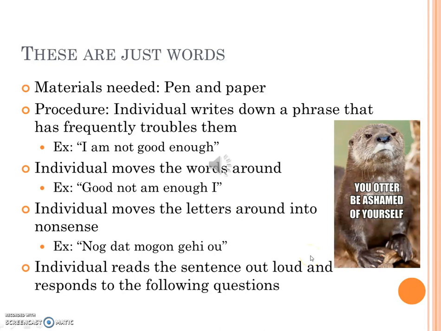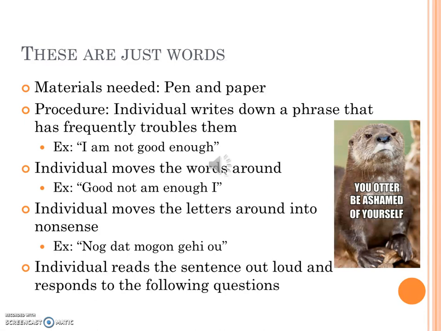So this activity was a little bit more simple. All the participant would need is a pen and paper. The participant would write down a phrase that frequently gives them trouble. I use the example of I'm not good enough. In the next step, the individual would move the words around to make kind of a sentence that doesn't make any sense.